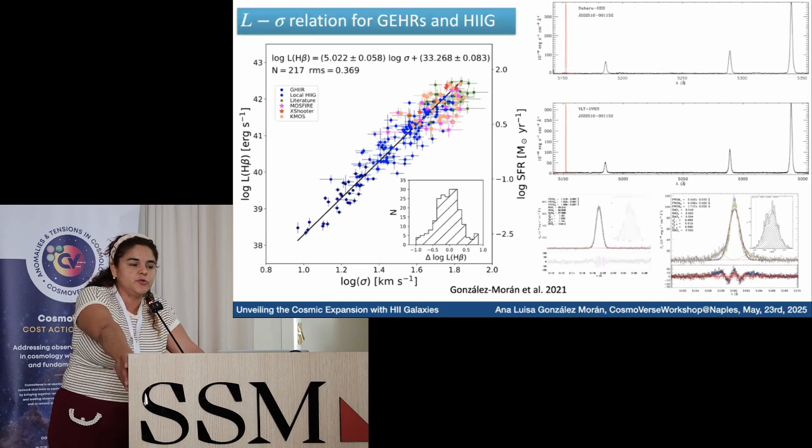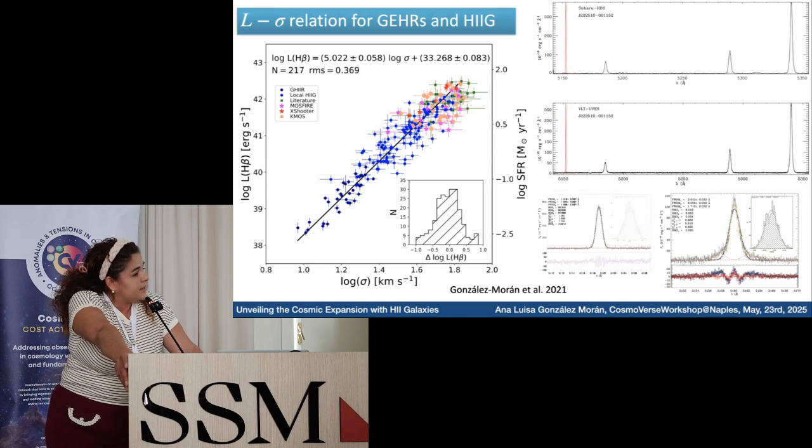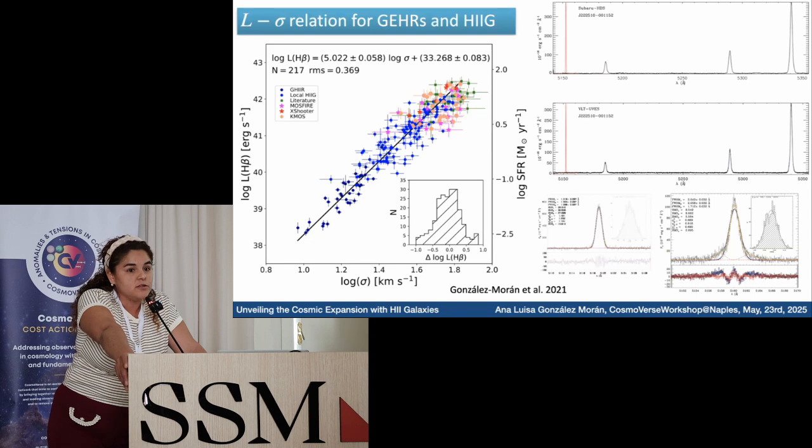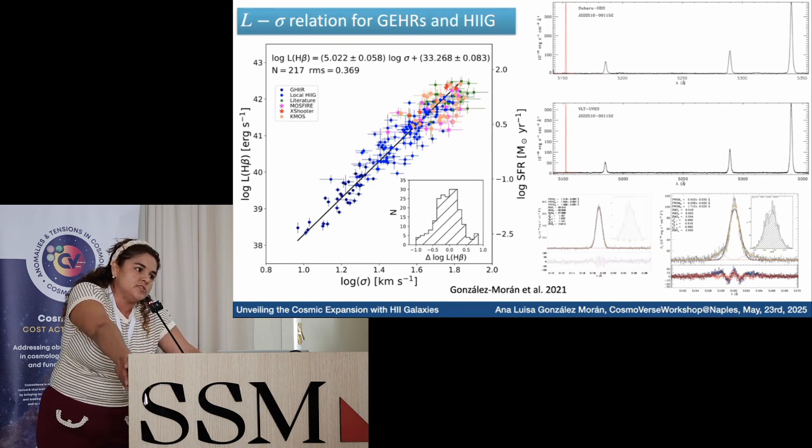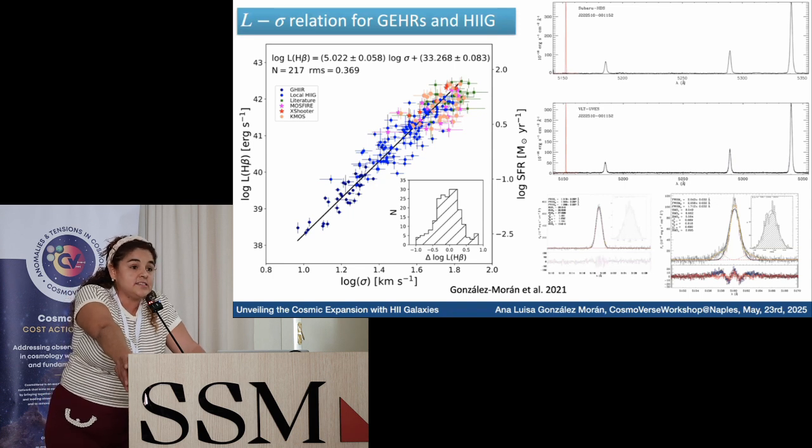Okay, so here I show you the L-sigma relation. The dark blue points here represent our anchor sample. These are giant extragalactic H2 regions that have distances estimated using primary methods.